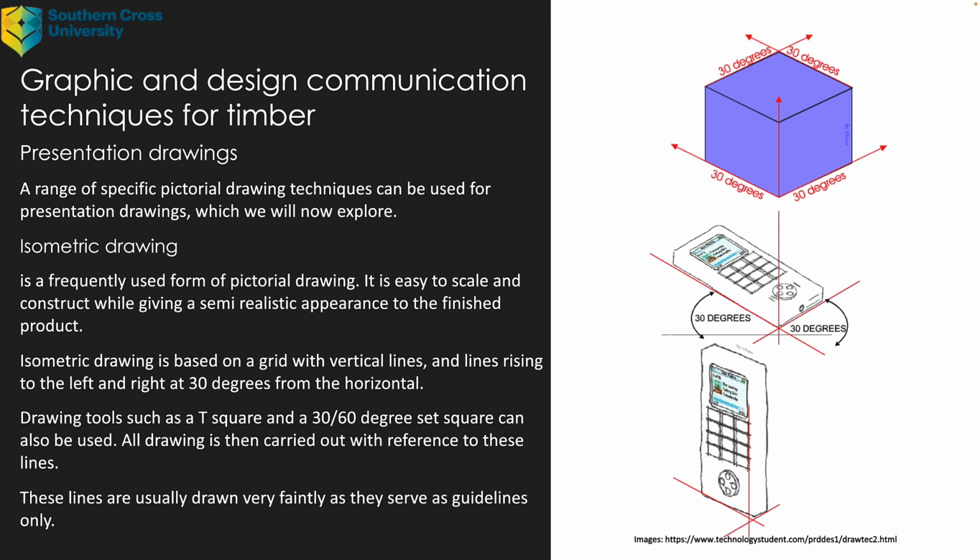Drawing tools such as a T-square and a 30/60 degree set square can also be used. All drawing is then carried out with reference to these lines. These lines are usually drawn very faintly as they serve as guidelines only. Now, obviously in the image there, those lines are drawn in red. They're just there so you can see what's going on.